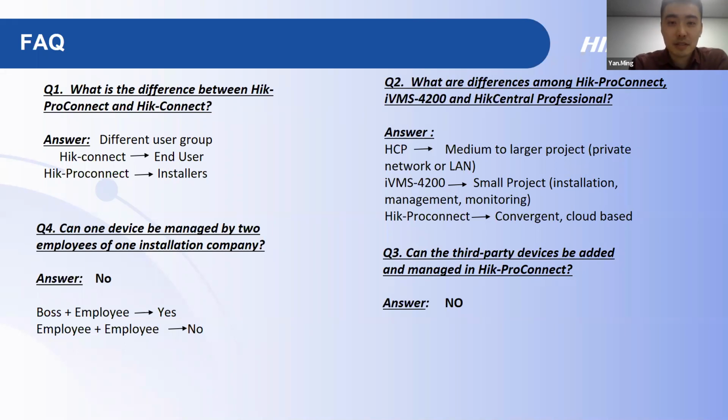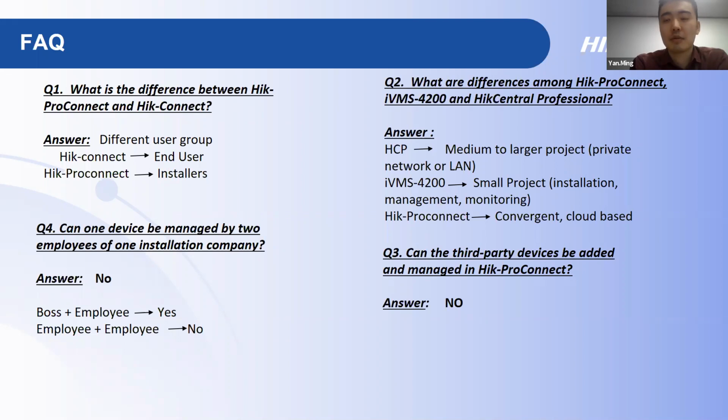Another similar question is, what are the differences among Hik-ProConnect, iVMS-4200, and Hik-Central Professional? Hik-Central Professional, the HCP, is mainly used in medium to large projects for private networks, which is a LAN environment. Both end users and installers work on it.